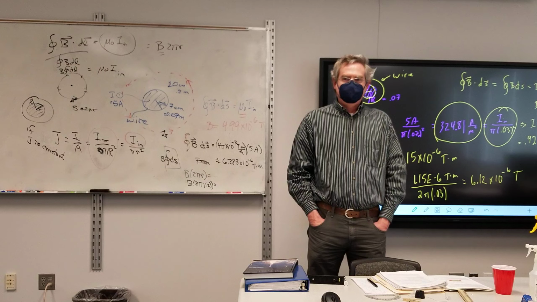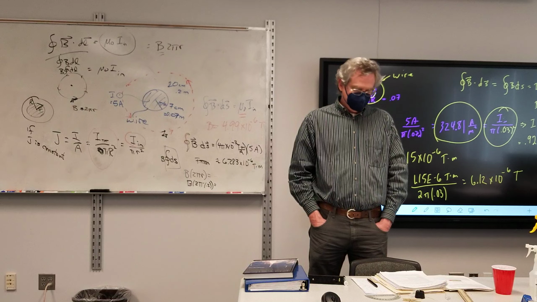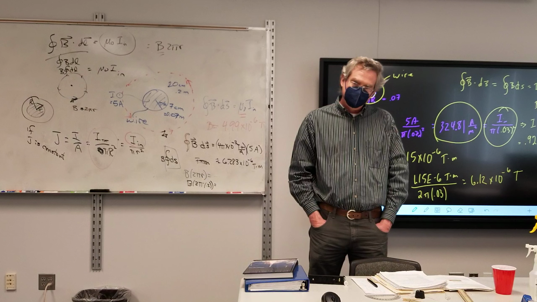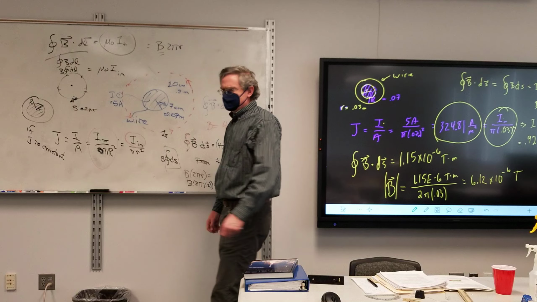When you're calculating the direction of the magnetic field for that question, if you have current going down, depending on which way you twist your hand, you could have the clockwise motion going in the negative K hat or the positive K hat.